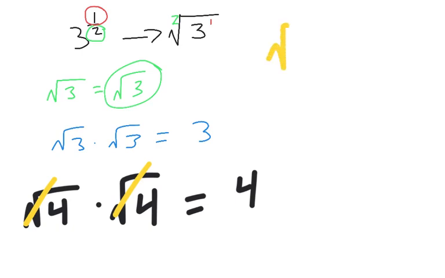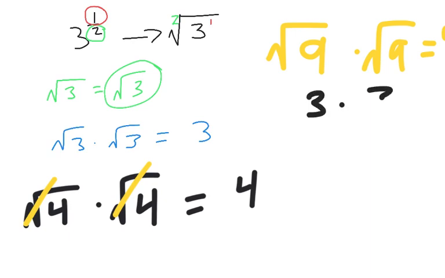If I did the square root of 9 times the square root of 9, that's 3 times 3, which equals 9, because the radicals cancel out. So right here, if I multiply radical 3 times radical 3, my answer is 3. Are you following the logic?